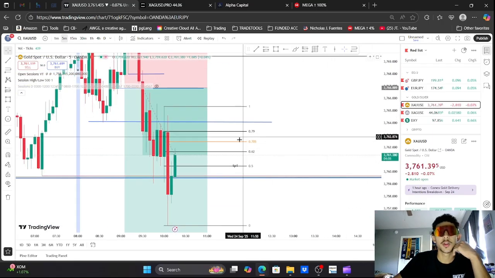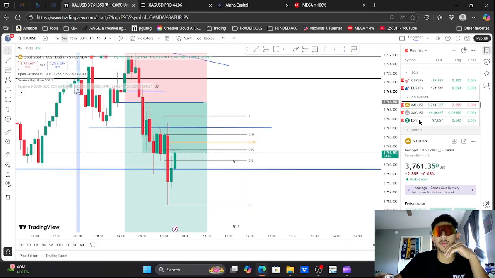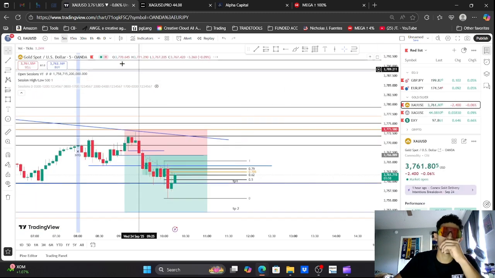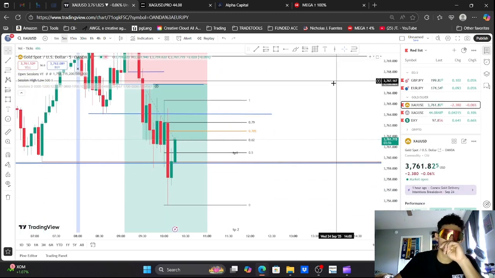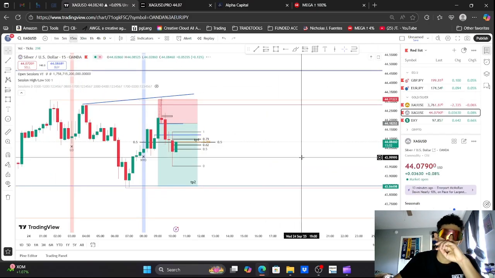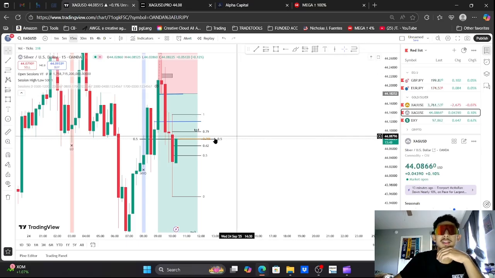So what am I looking for here? I'll tap back into this 0.705 position, and then a reaction off of it. And that would be ideal.